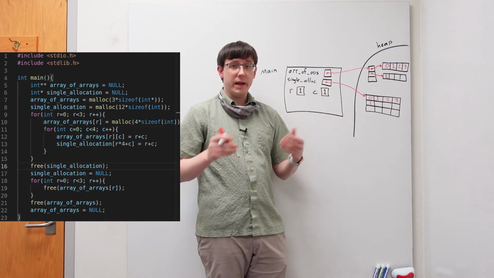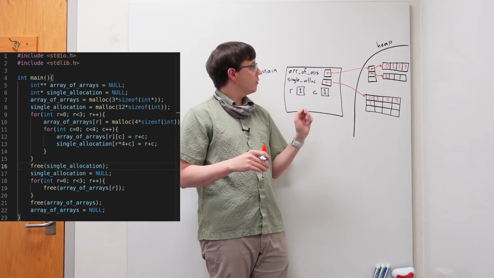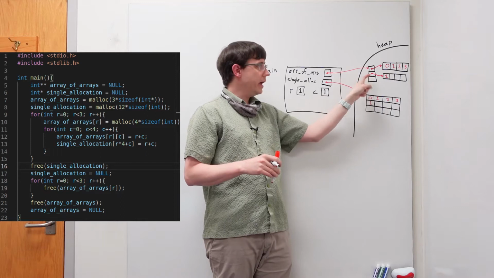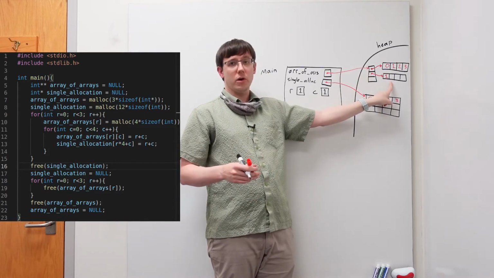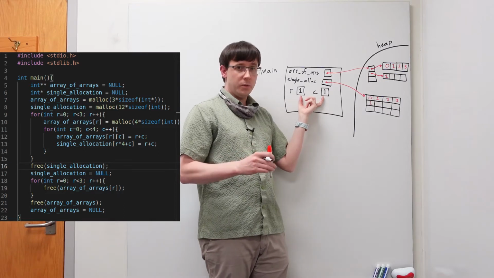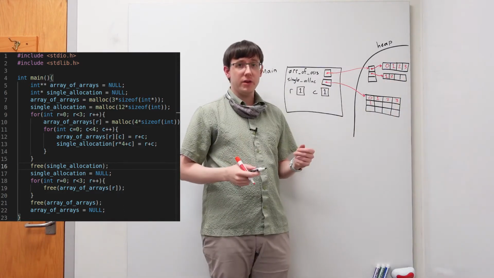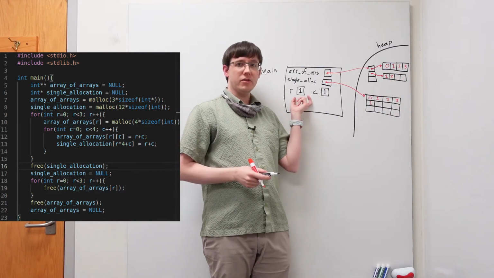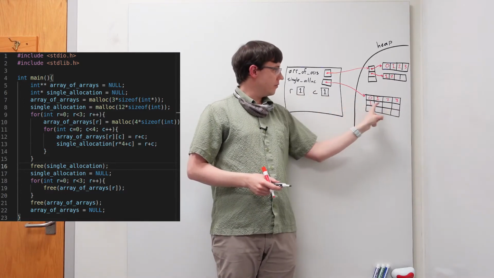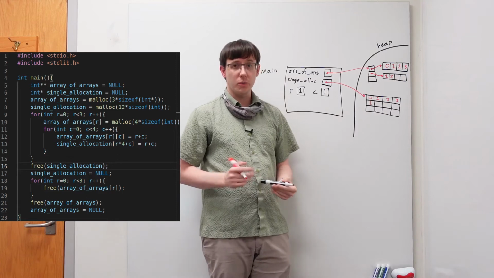When r is 1 and c is 1, line 12 will access index 1 of the outer array and index 1 of the inner array and assign r plus c equals 2. And line 13 will calculate an index of 4 times 1 plus 1, so at position 5 we will put a 2.